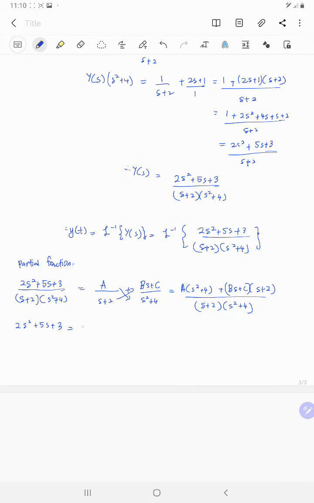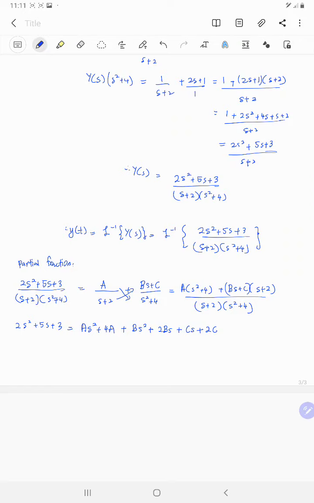I expand first: A s squared plus 4A, B s squared plus 2Bs plus Cs plus 2C.